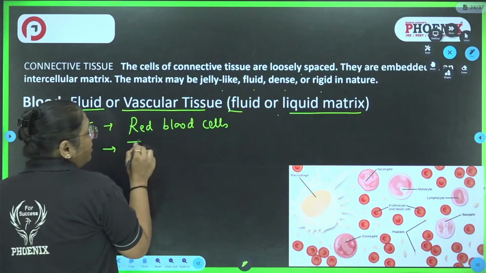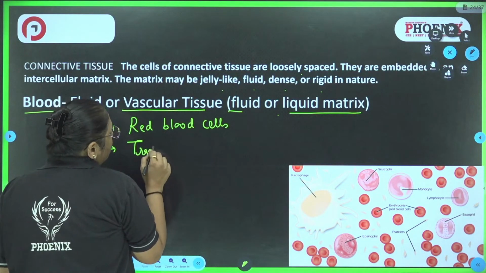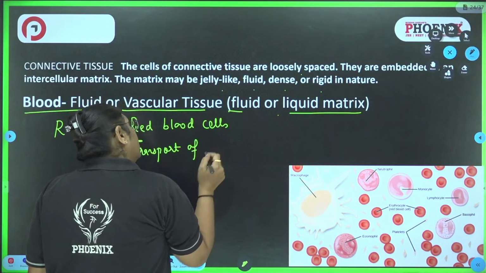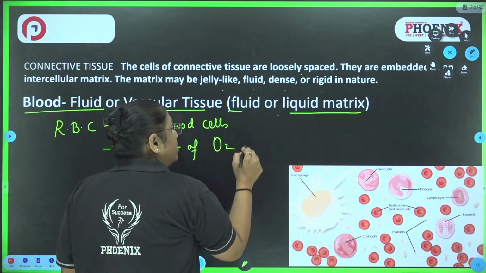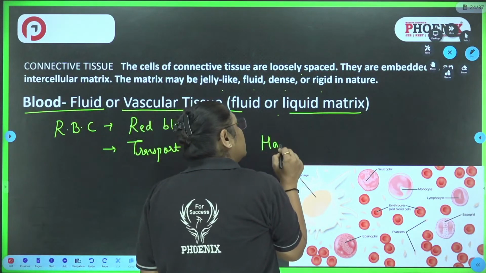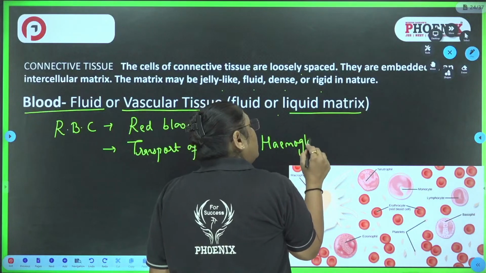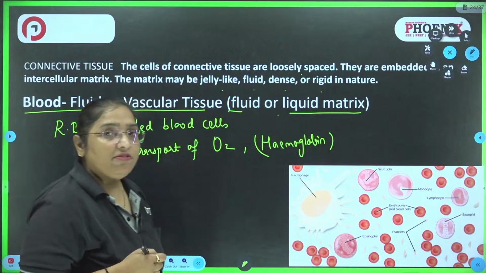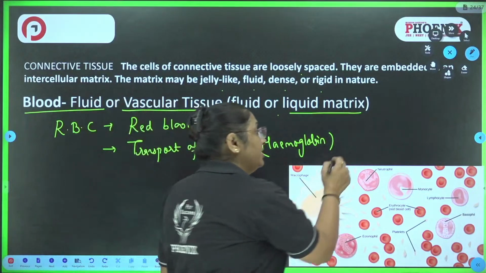RBC helps in transportation of oxygen. It contains a red pigment known as hemoglobin.